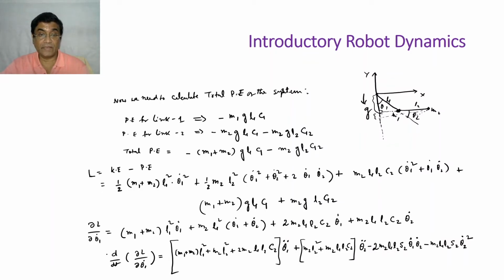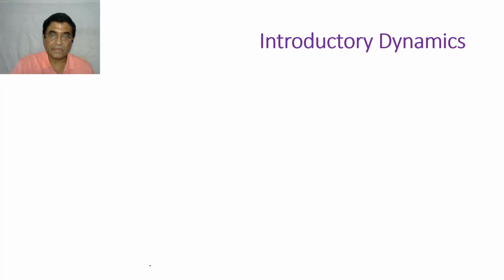So please check. You'll have to put it because we'll use it. So once we have got this, directly from our Lagrangian equation, I am ready to get an expression for tau 1 immediately.